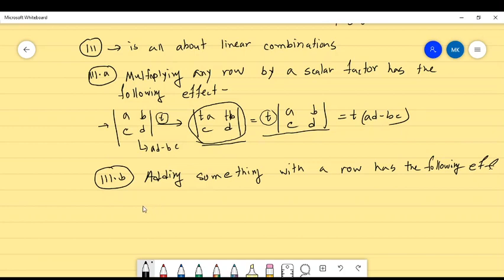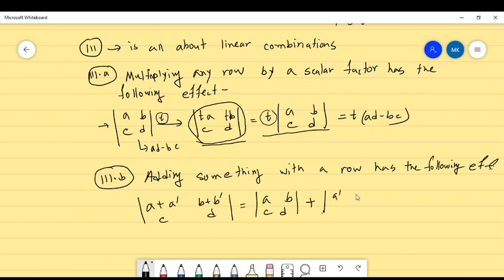So suppose you have added something with the first row: A prime plus A, B prime plus B, and this is C, and this is D. I forgot to tell you about the notation, which I'll be telling in a second.